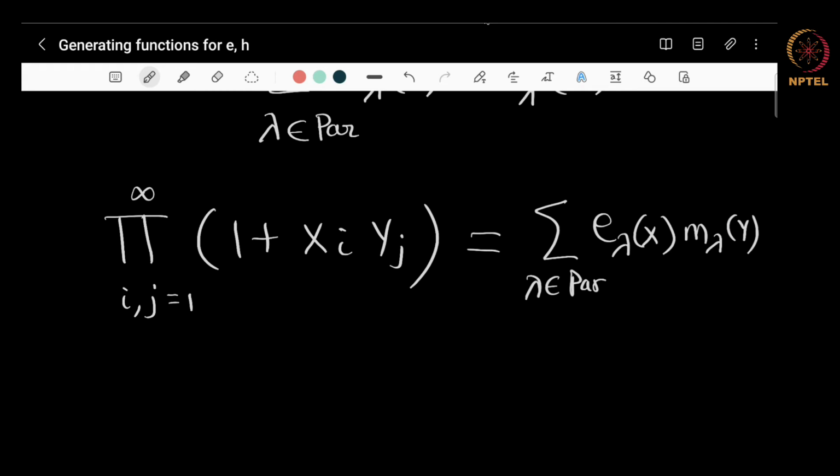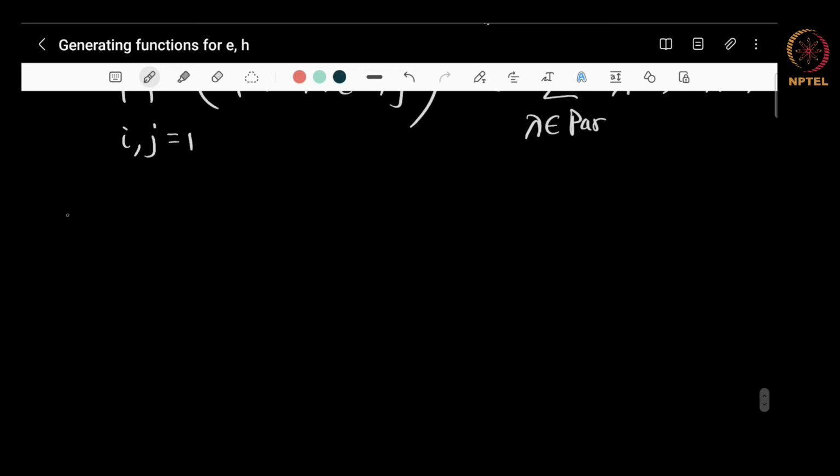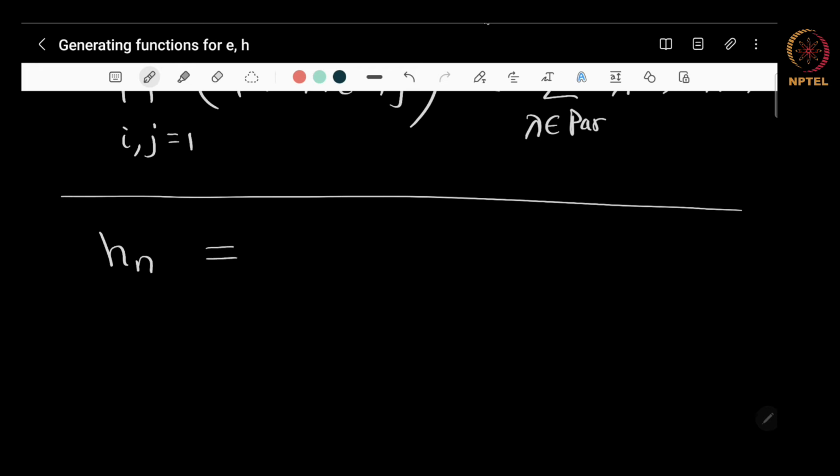Now, it turns out there is a completely analogous picture for the H lambdas, and the Hns. If you recall what Hn was, Hn of x was the sum over all monomials of degree n. This is m lambda of x, lambda running over all partitions of n.